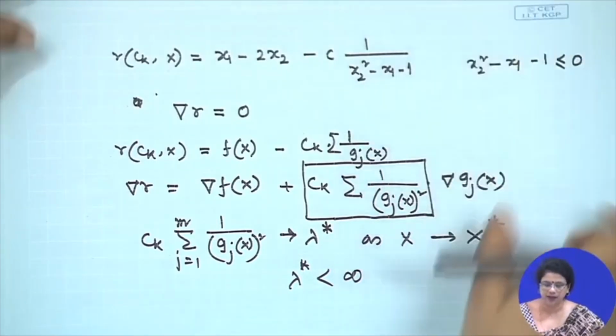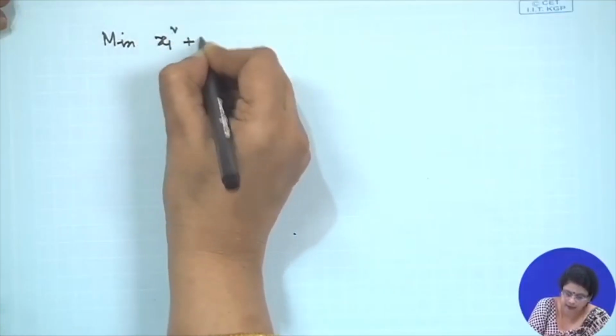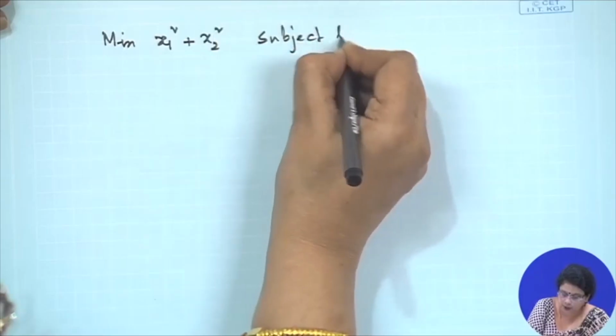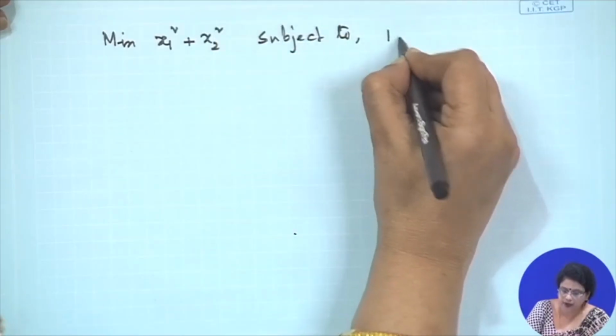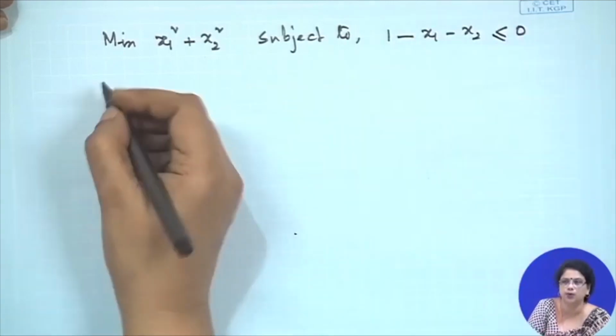Now, let me take another example for solving with the interior penalty function method. Minimization of x1 square plus x2 square subject to 1 minus x1 minus x2 less than or equal to 0.